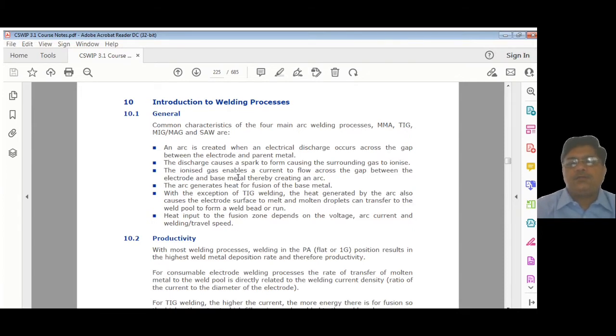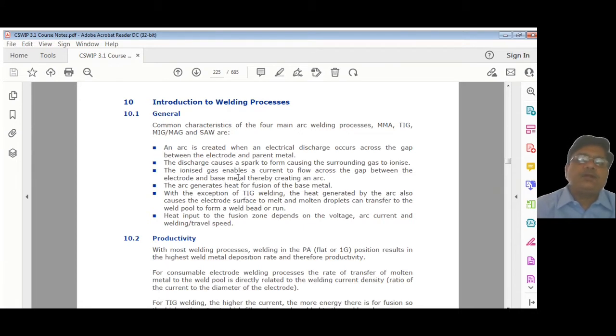We try to create an arc between the material and the electrode, and the electrode is basically the same material as what we are going to weld, and then the welding happens. Welding involves a lot of skill, which we will learn in this chapter. The discharge causes a spark to form and the surrounding gas to ionize, and the ionized gas enables the current to flow across the gap between the electrode and base metal, thereby creating an arc.